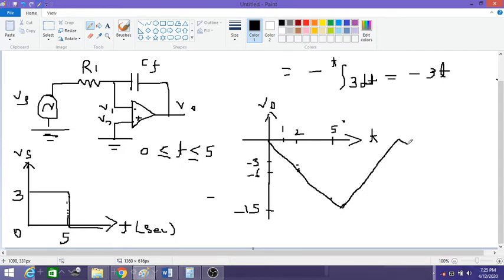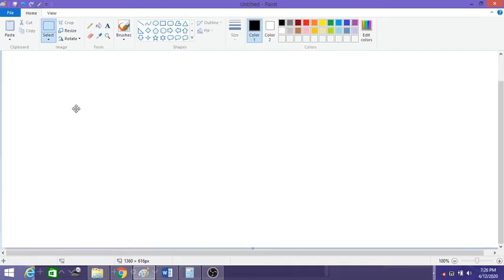Next, for another 5 seconds, it will again reach a maximum voltage of, say, minus 15 volts, and this pattern will continue to repeat if the input continuously changes from +3 to 0 and 0 to +3. Accordingly, the output voltage also creates a kind of triangular wave, a ramp signal going from 0 to minus 15 and then minus 15 to 0, and so on. Okay, now let us look into one more example here.